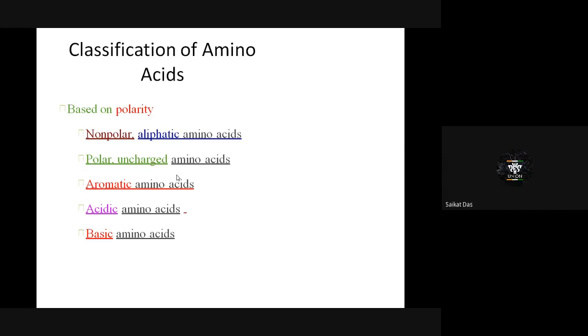The non-polar aliphatic amino acids have no polarity and no charge, so they are lipophilic, loving the lipid, not hydrophilic.